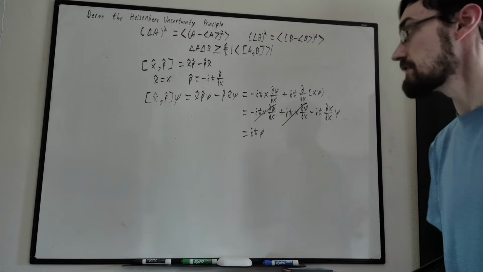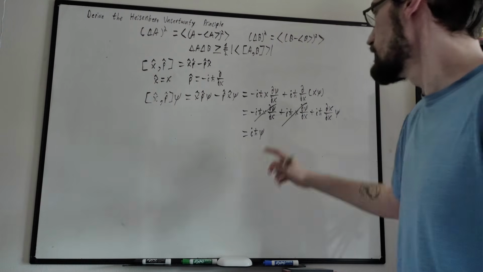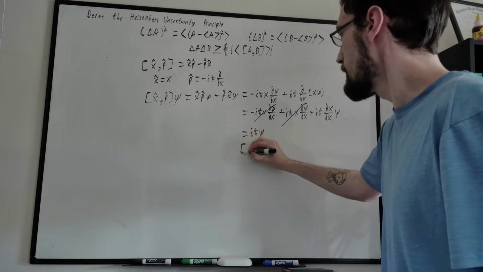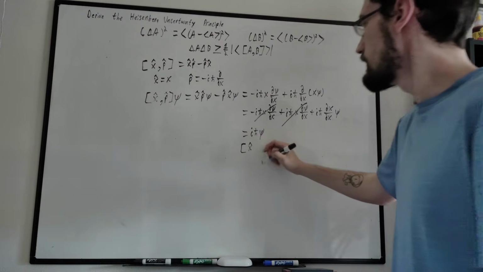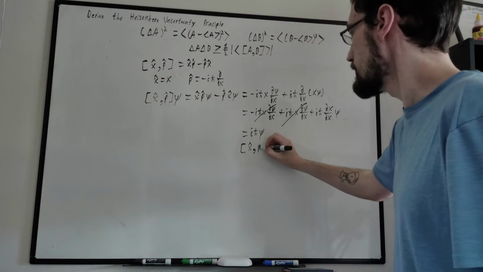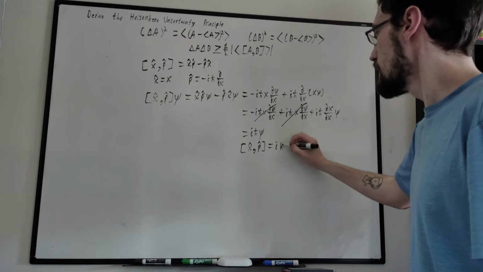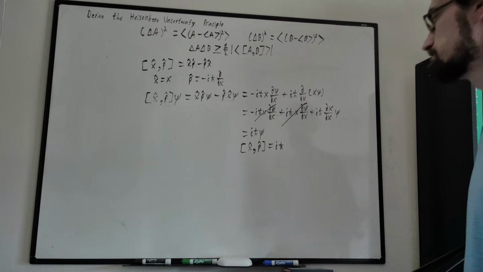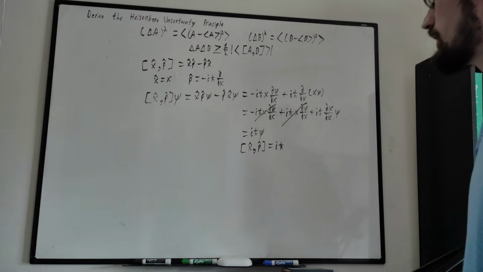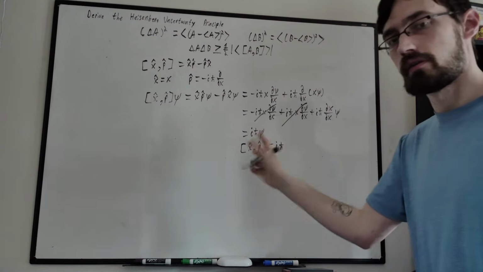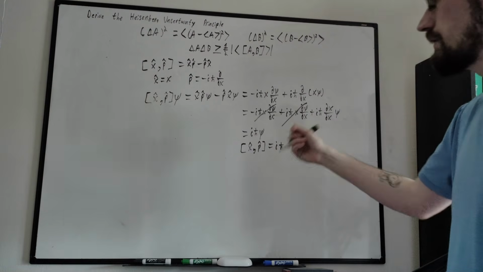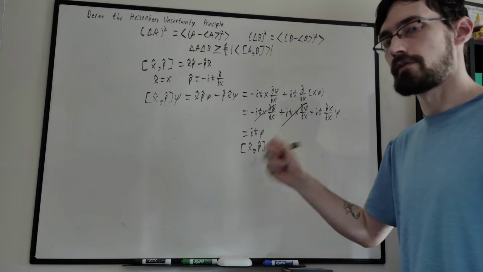So this is non-zero. And so in other words, the commutator of the position and momentum operators is equal to i times h bar. So these operators are non-commutative. The algebra of observables is therefore non-abelian.